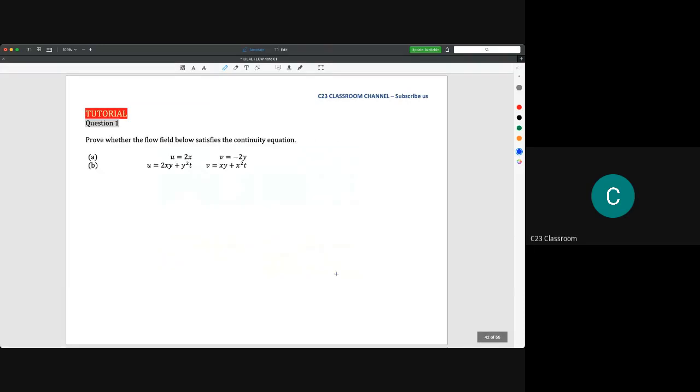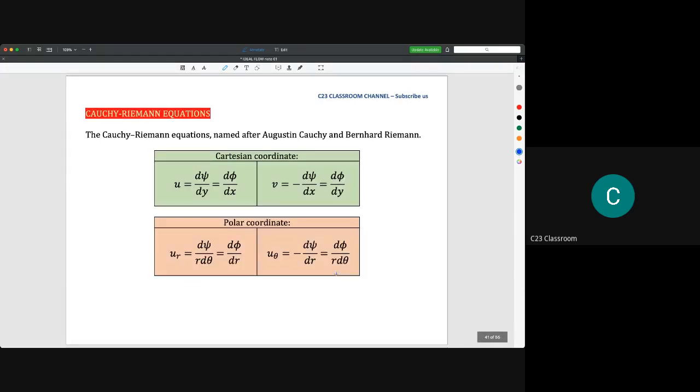Finally, if you see all my notes here, we have Cartesian coordinates and polar coordinates, and we have psi and phi, and all of these equations are merged, known as the Cauchy-Riemann equations. The Cauchy-Riemann equations come from the ideas of Augustin Cauchy and Bernhard Riemann.